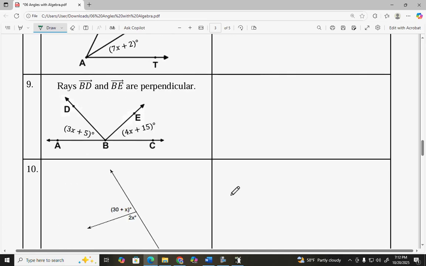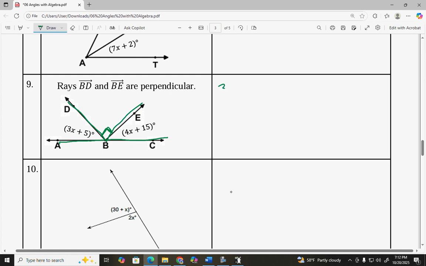Number 9, it says that ray BD and ray BE are perpendicular. It means that this is 90 degrees in here. And this whole thing is 180.